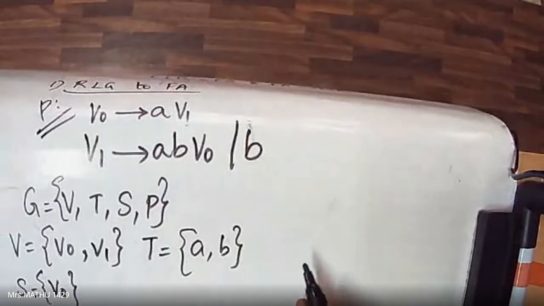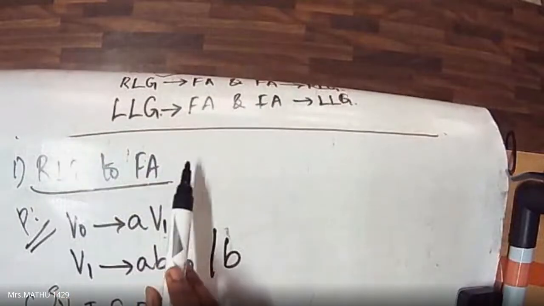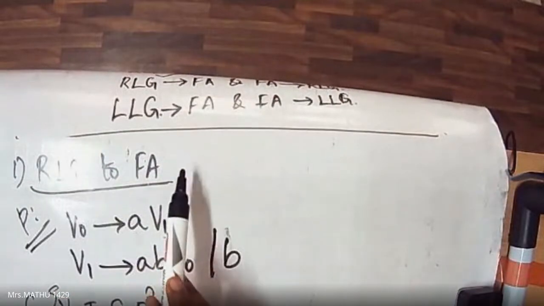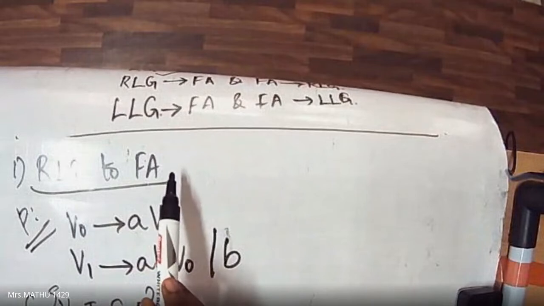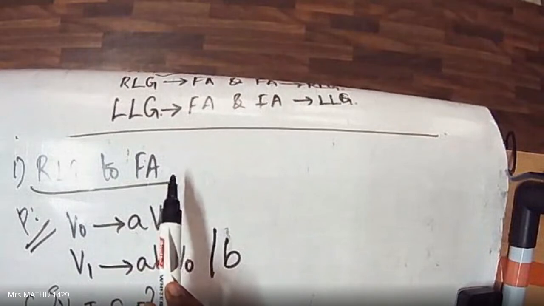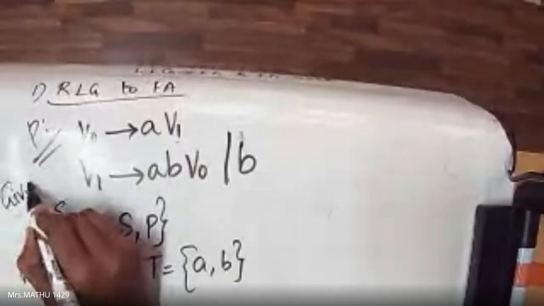So now when you want to convert a grammar into a finite automata, in a finite automata what is it that you need? You need to have the states, right? So this is the given part, and you want to find a finite automata.